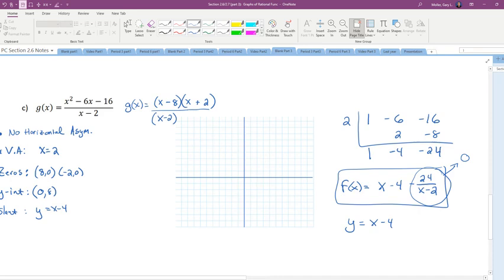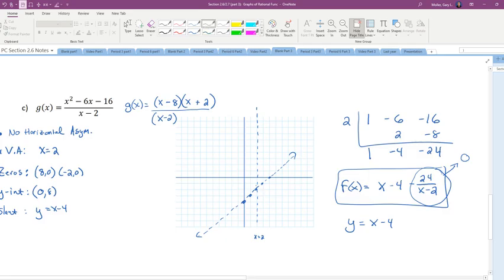All right, let's put it on a graph. Vertical at 2. Slant. Slope of 1. All right, what do we got?